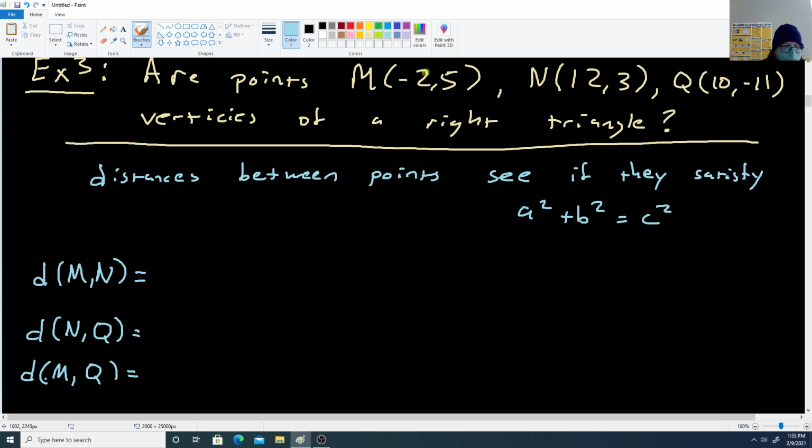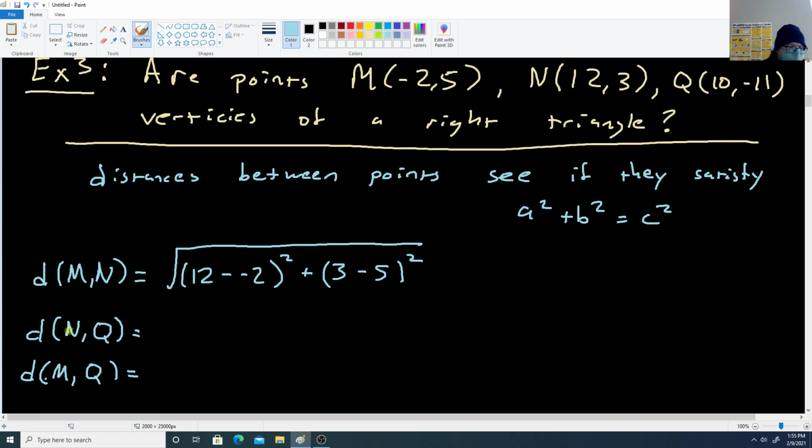So I'm going to have M be my 1 coordinates and N be my 2 coordinates. So I get the square root of (x2, which is 12, minus x1, which is negative 2) squared, plus (y2, which will be 3, minus y1, which is 5) squared. Then N is going to be my 1 coordinates and Q will be my 2 coordinates.